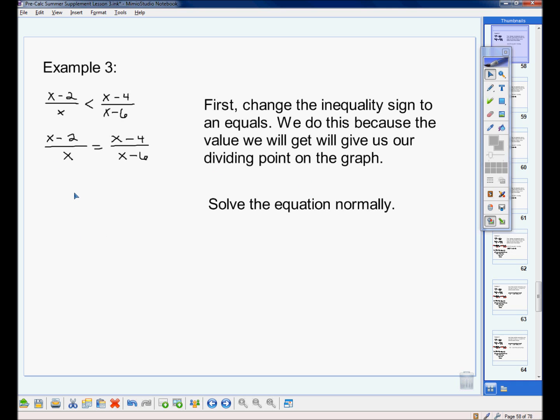So if you come out with an x equals something or an x equals something else, just realize that you're going to have two dividing points on the graph, and then you'll have more different regions to check as far as figuring out your final answer. So we're going to first of all turn it into an equal and then solve the equation normally, just like we did with the equations that we dealt with in the first part of this lesson.